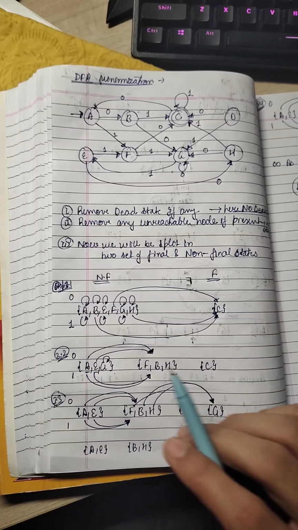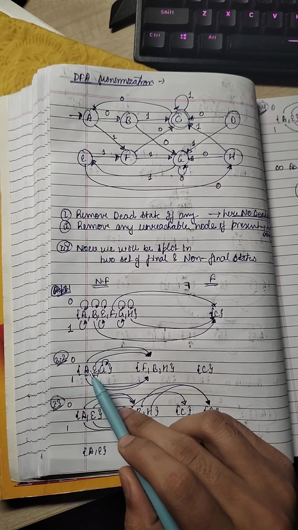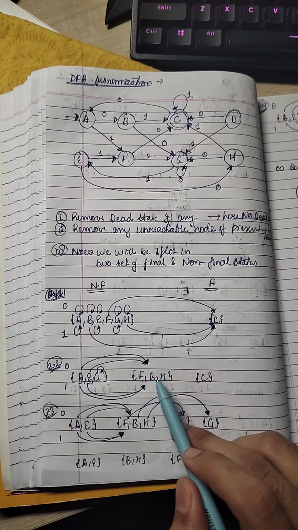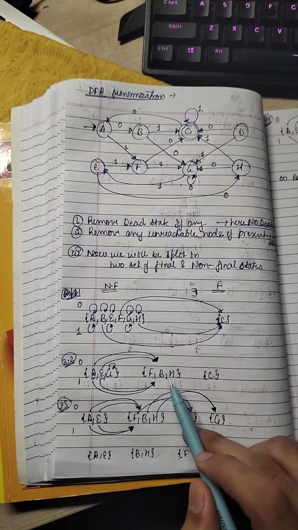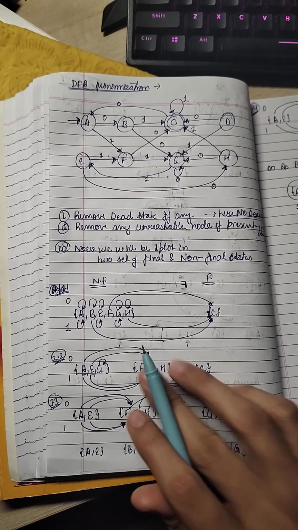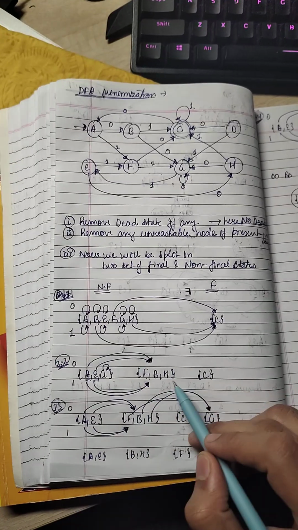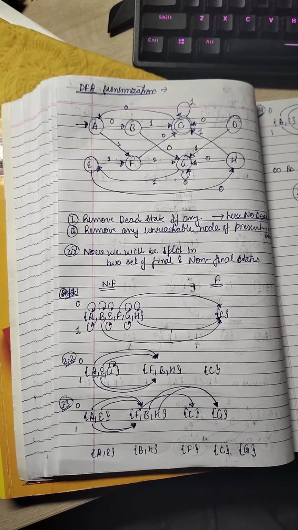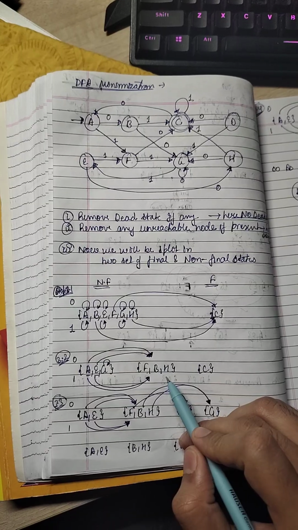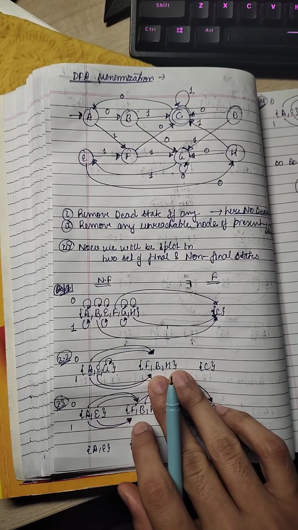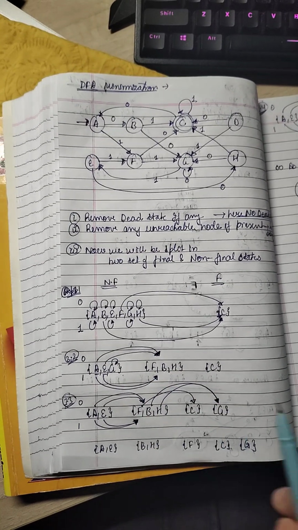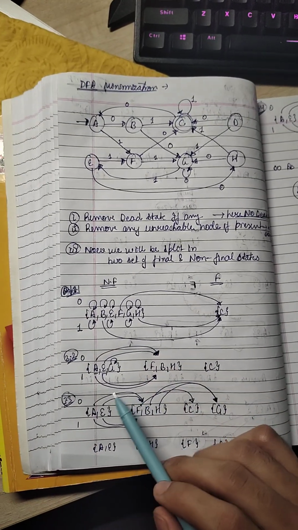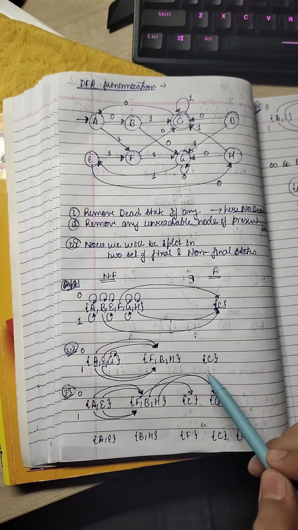For A and E, it is moving to the set FBH. It is pointing to any of these states, but it is pointing to this set. It matters. And also note that it is not necessary that all the values will be pointing to the same set.